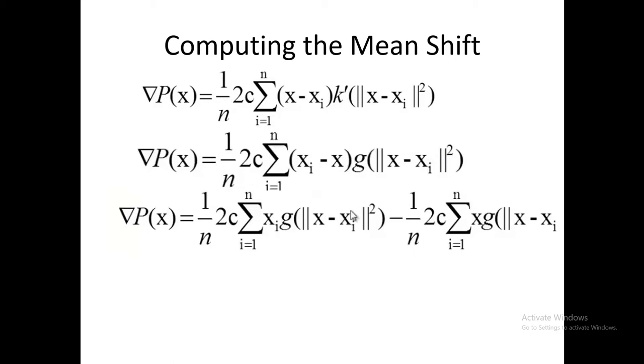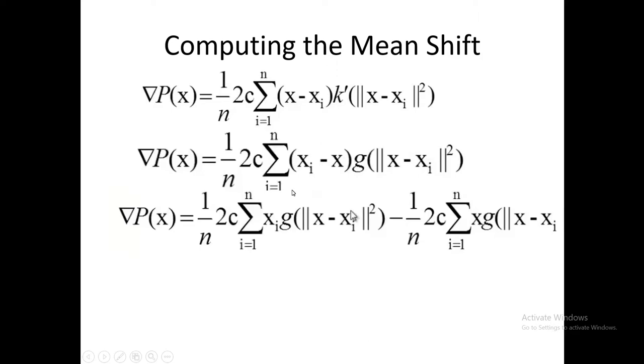Given that, we are going to call this k dash as g. Let us just change this k dash to g, and we have here k prime, which is g of this, with xi minus x. Then we are going to get two terms with all the constant terms, xi minus x and g of x minus xi squared.